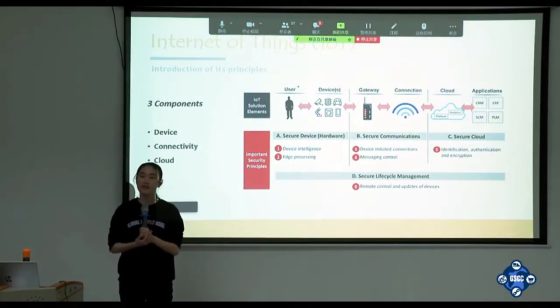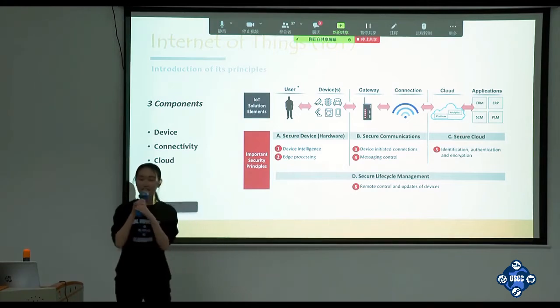What's Internet of Things? To put it simply, Internet connects human with human, and Internet of Things connects the devices we use. For example, we want to let our mobile phone communicate with the air conditioner. Internet of Things requires 3 key components for its success.